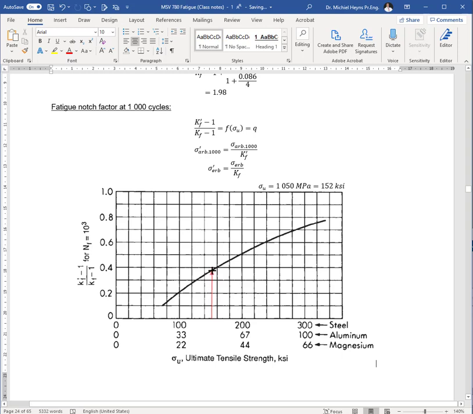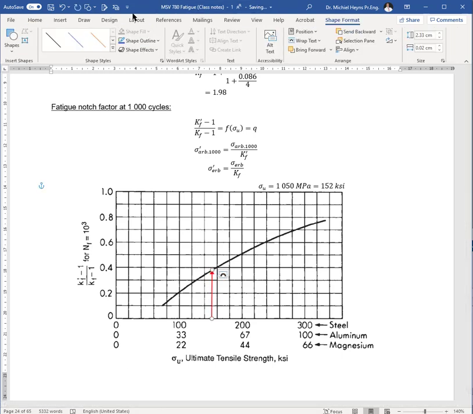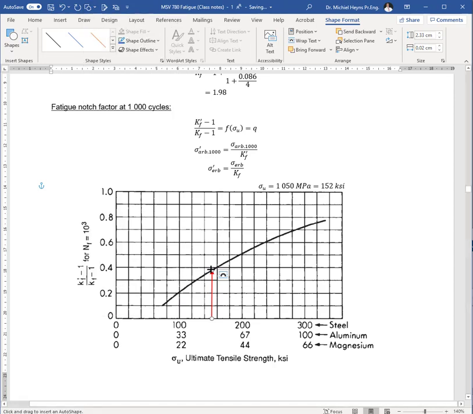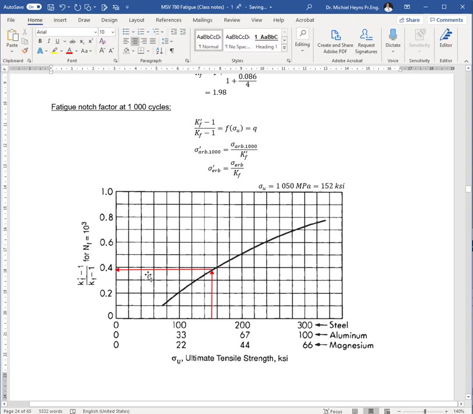Then I'm going to insert a horizontal line that goes from that value to the left. We can see that if that is 0.3 and that is 0.4, 0.35 is approximately there, and it's a little bit more than half between 0.35 and 0.4, so we can approximately say 0.38.